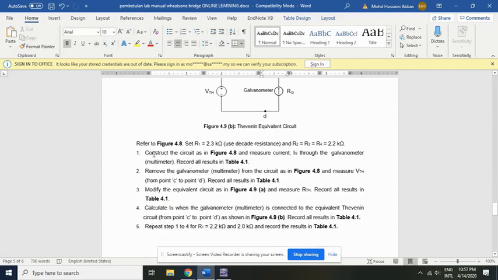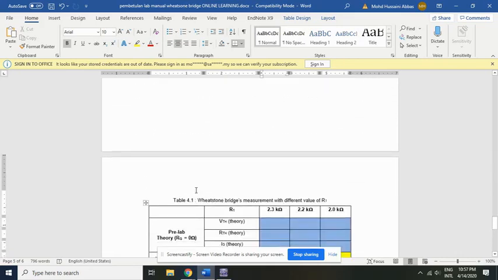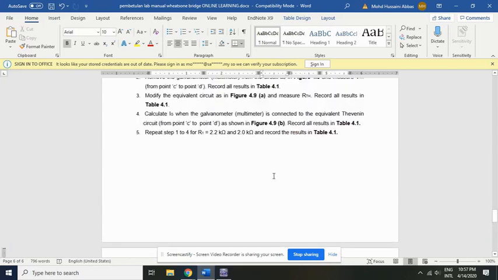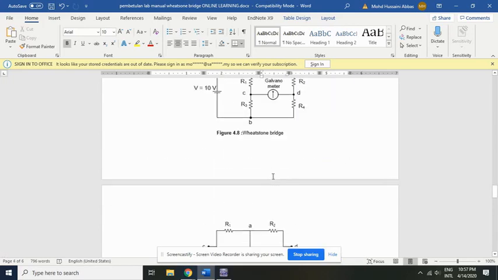We are going to look at our first instruction until our fifth instruction in order to fill in table 4.1, besides the green cell, the purple cell, and the red cell, in order to get the answer from our practical part. So please refer to your lab manual.